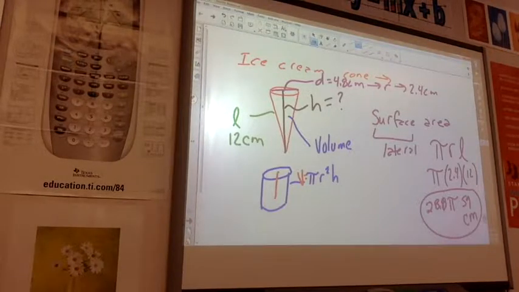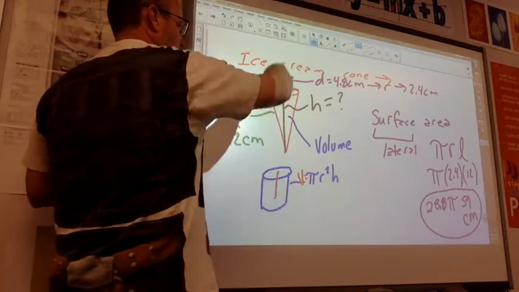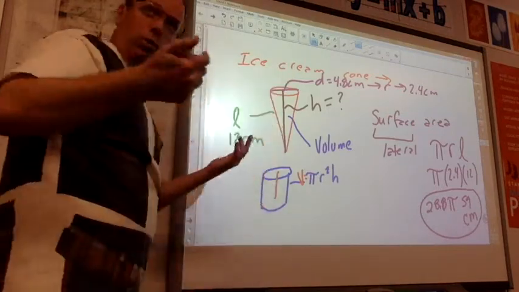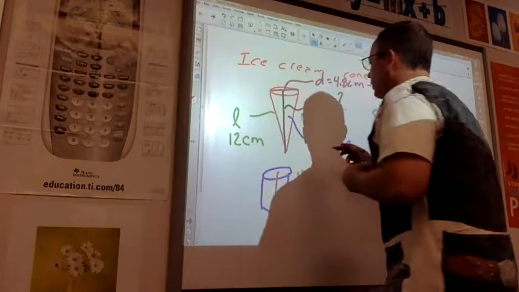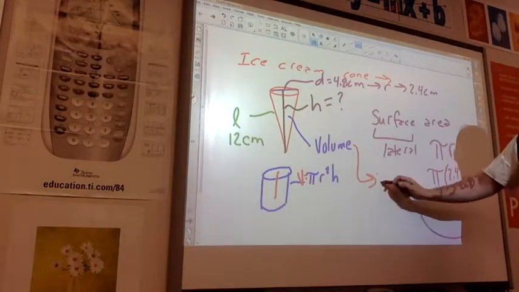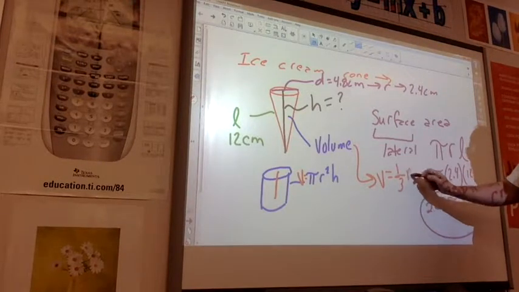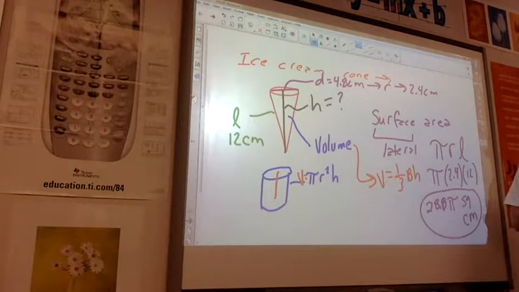Real close. So how many of these ice cream cones do you think that I could put in here from the bottom? 3. So that means that the volume of a cone is 1/3 the area of the base times the height.